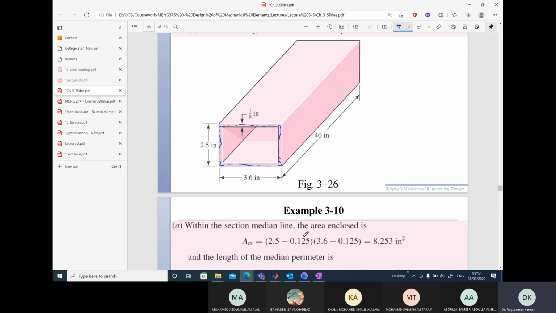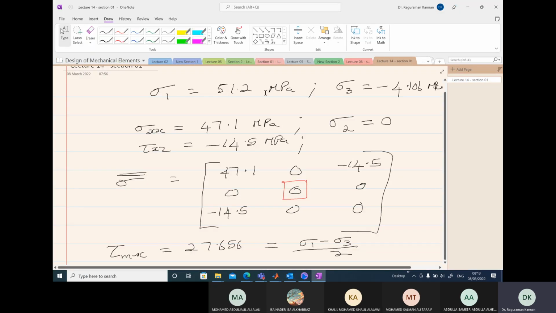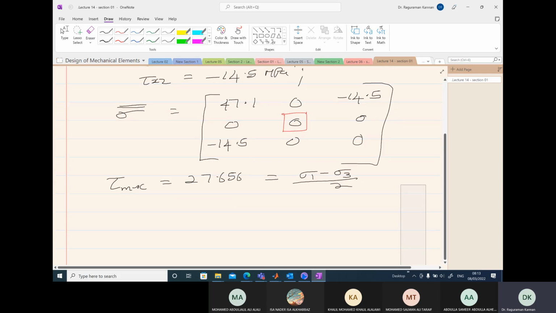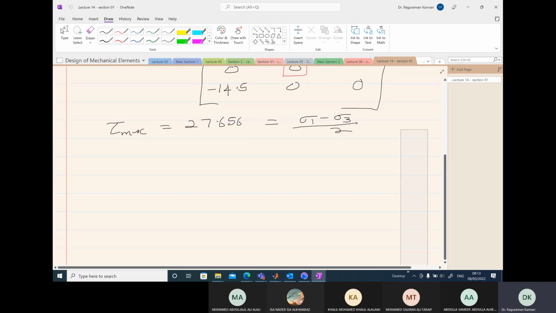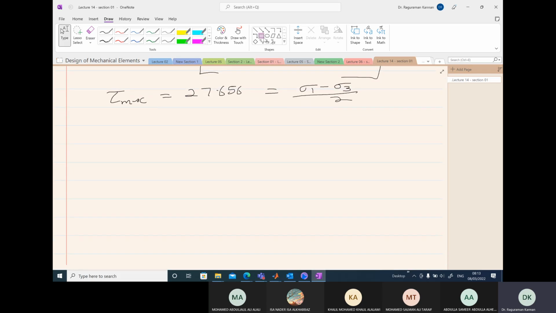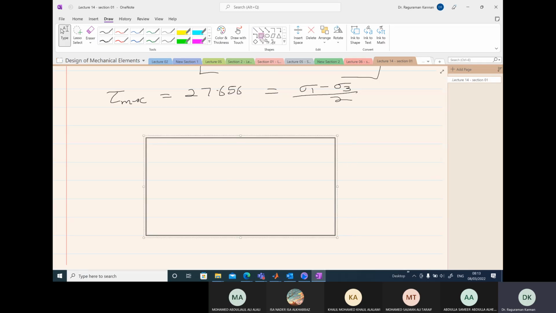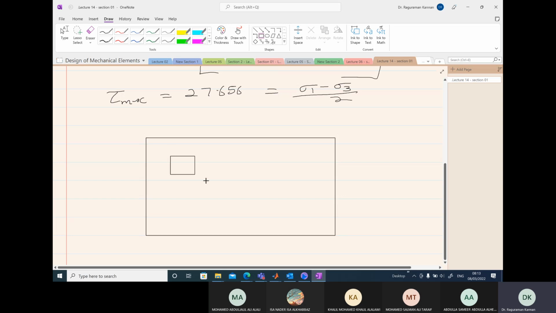The outside dimensions are 3.6 inches. So I'm going to draw two rectangles. Okay.